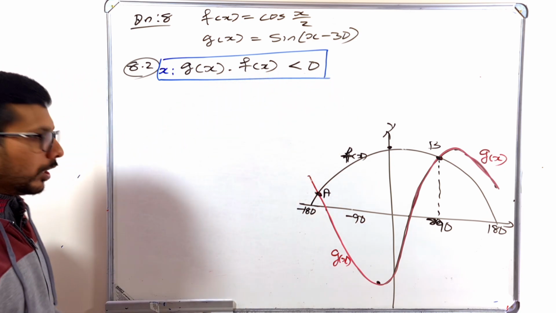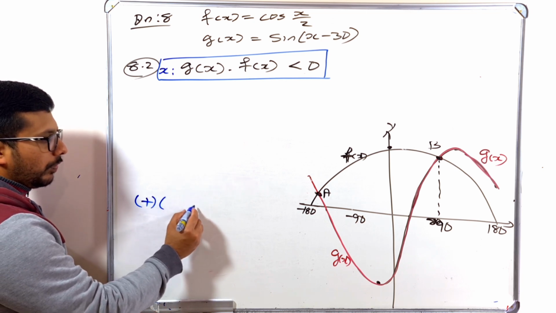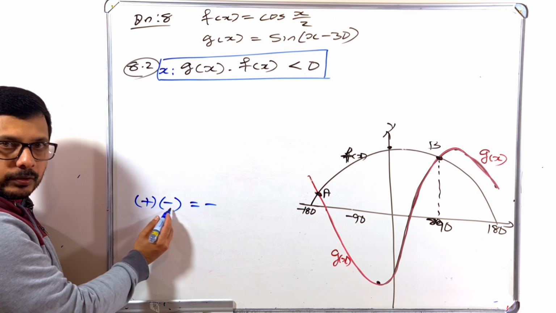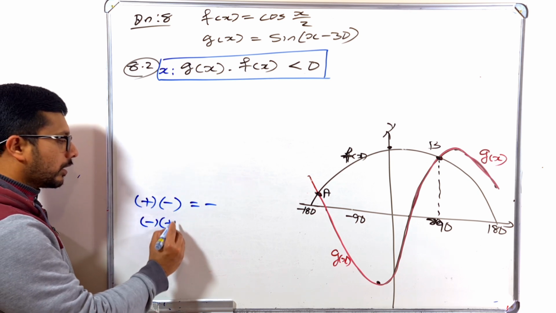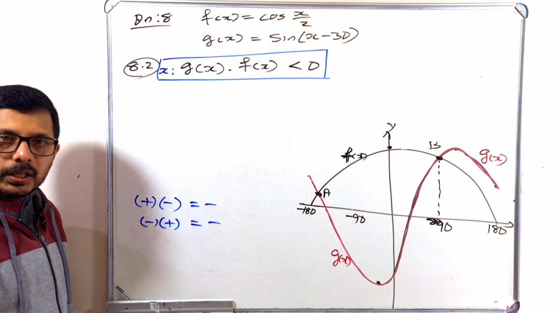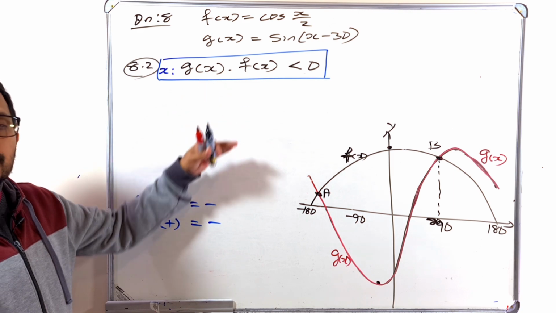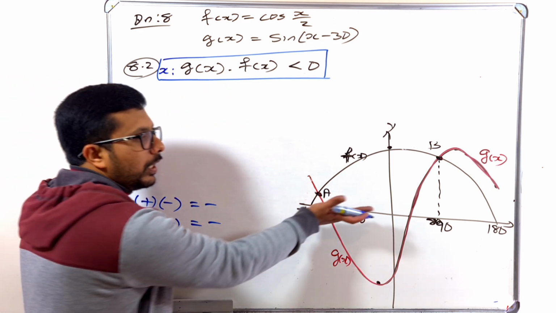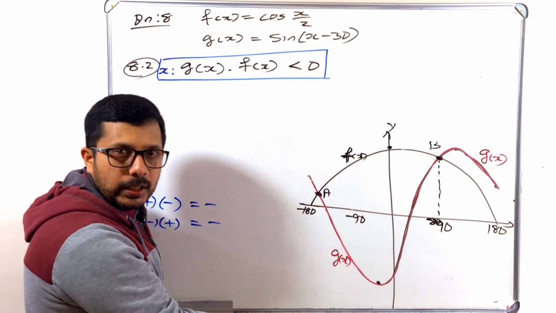When you multiply two functions or a number, if you want the answer as negative, one number must be positive and the other negative, or the first one is negative and the second one is positive, then also the answer is negative. In the case of a graph, positive graph means above x-axis, negative graph means below x-axis.